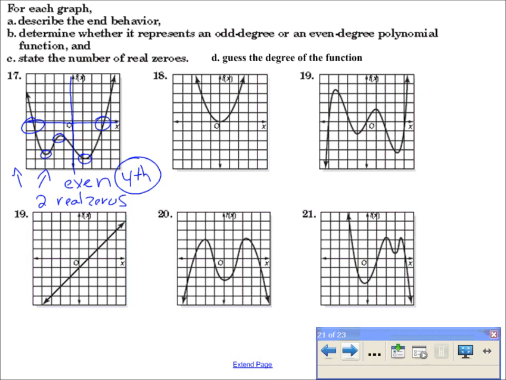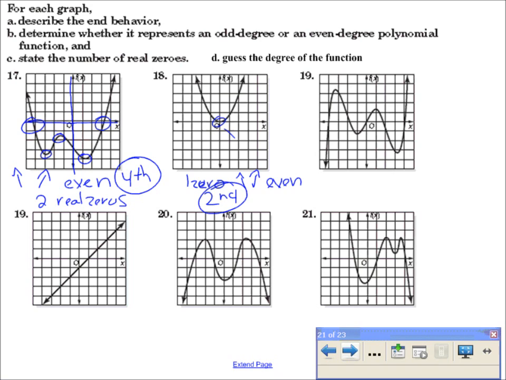For this next one, there's 1 zero. End behavior is up, up, so it's even. And since there's only 1 turning point, and that looks a whole lot like a parabola to me, I'm going to guess 2nd degree.